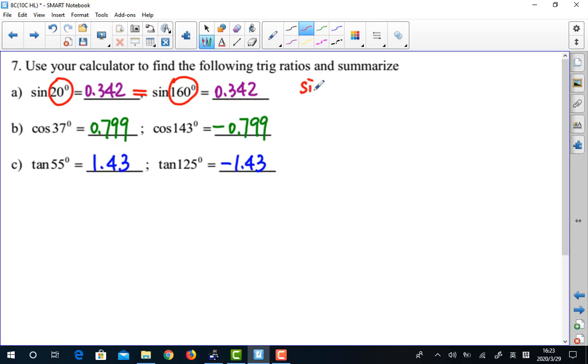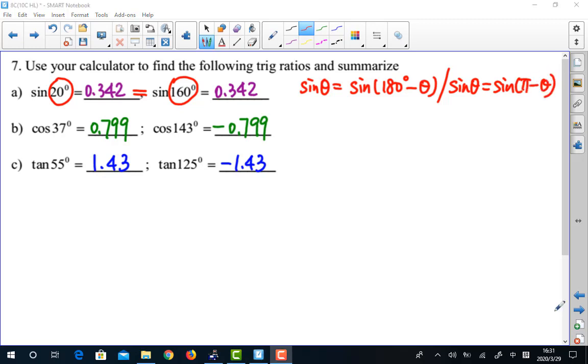Therefore, the first pattern rule for these two trig ratios, I can say sine theta equals sine of 180 degrees minus theta. If we change to the radian measures, it should be sine theta, theta in radians, equals sine of pi minus theta in radians. Let's look at what pattern rule we can discover from the second example.